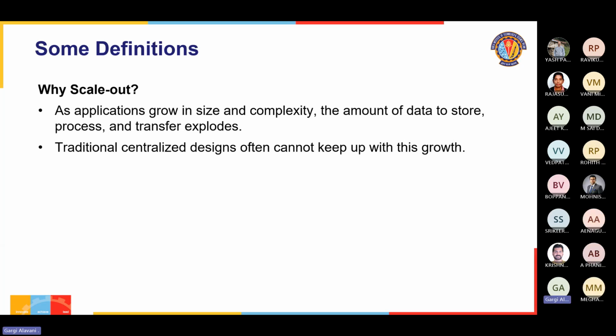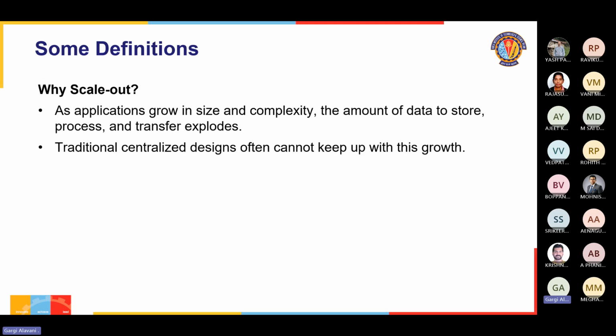Traditional centralized designs that we've seen so far often cannot keep up with this growth. So we need scale out architectures, where we can add more nodes horizontally instead of just increasing the power of the existing ones. With this, we have a way to build systems that are more flexible and capable of handling growth and increase in the size of data to be processed.